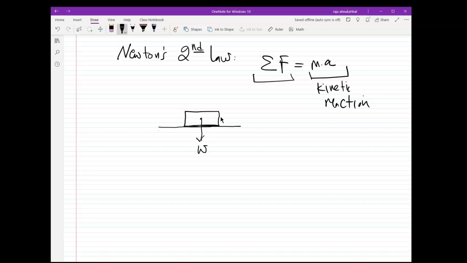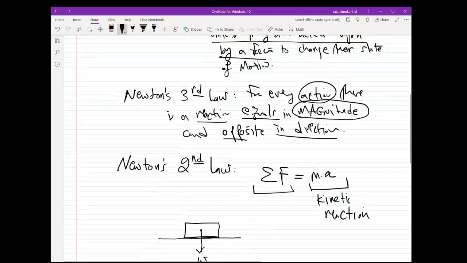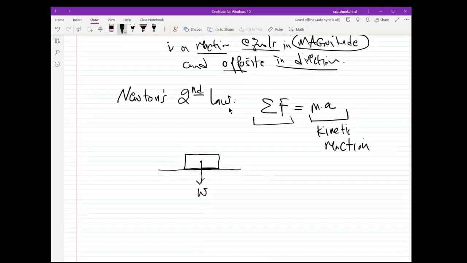Okay. Now, is that it? Are there other forces there? Well, we need to appeal to Newton's third law. Look at the third law. What the third law says: for every action, for every force, there is a reaction. In other words, all forces come in pairs. Well, the action here is the weight. So you have the book resting on the table, and it's giving an action, which is the weight of the book.